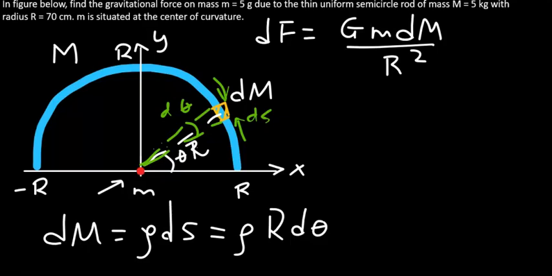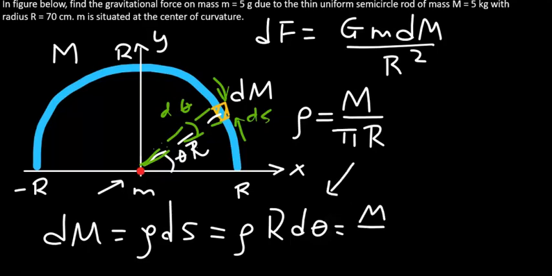Since the density is constant and it is a linear density, it is simply equivalent to the total mass, capital M, over the total length of that semicircle, which is pi times the radius. Substituting that in here, you get M over pi r d theta, so the r goes away, giving you M d theta over pi.